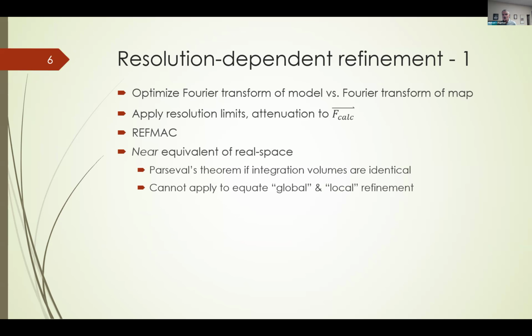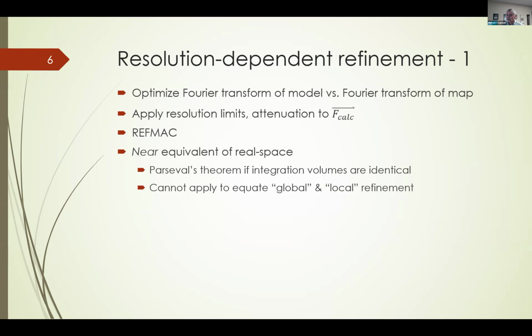Now, many have argued that this is an exact equivalent of what we would do in real space, and I contend that it's actually only an approximation. The way that people argue that it's an exact equivalent is through Parseval's theorem. But Parseval's theorem only really applies if the Fourier integration volumes are identical.